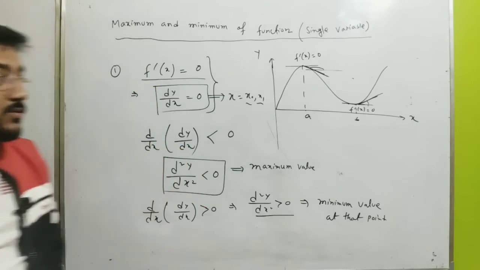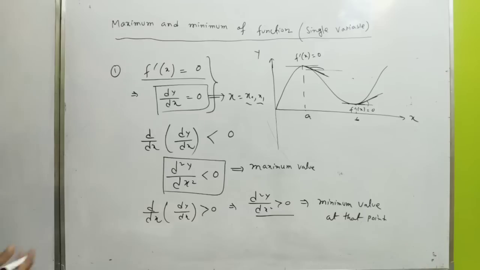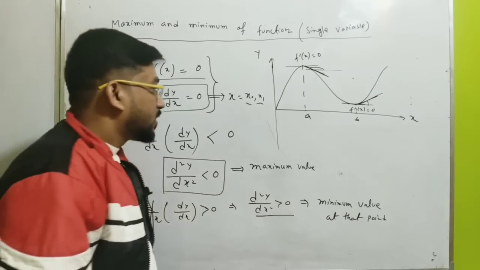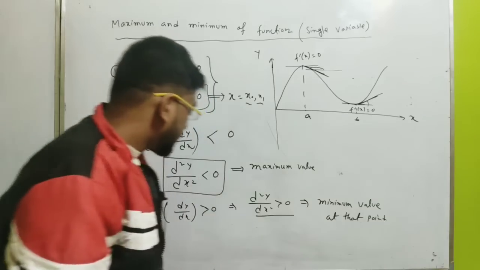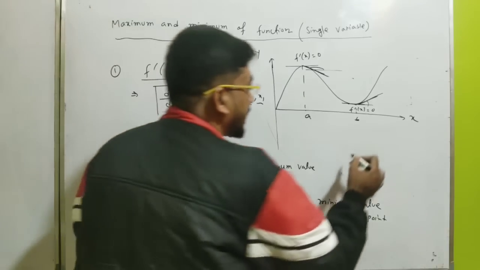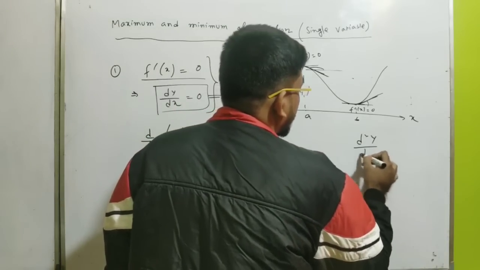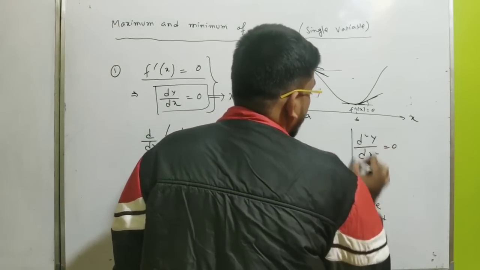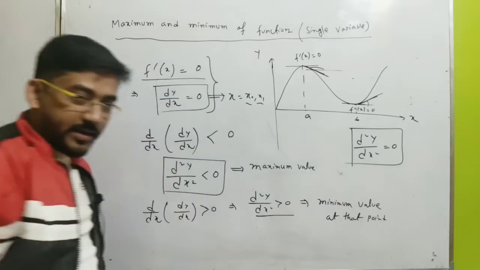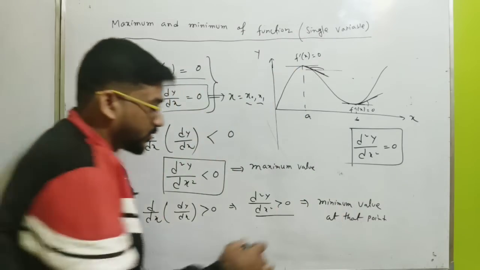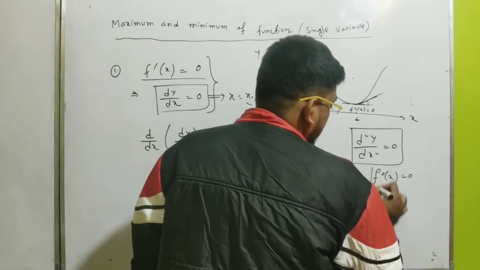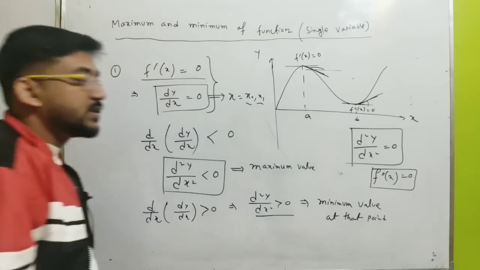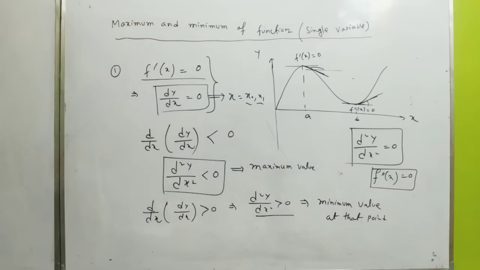Okay, now how can we check that kind of function? Sometimes f double prime x, or d2y/dx2, that is the second derivative of the function, will be 0. So if d2y/dx2 or f double prime x is equal to 0, then how can we check whether the function has a minimum or maximum value?